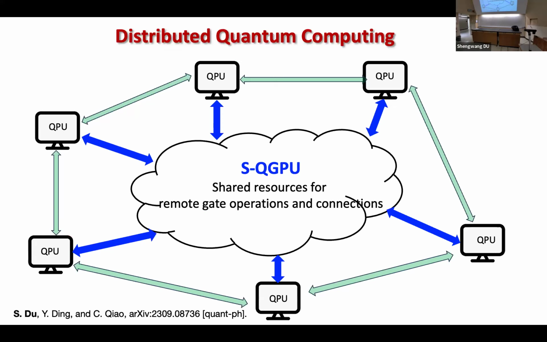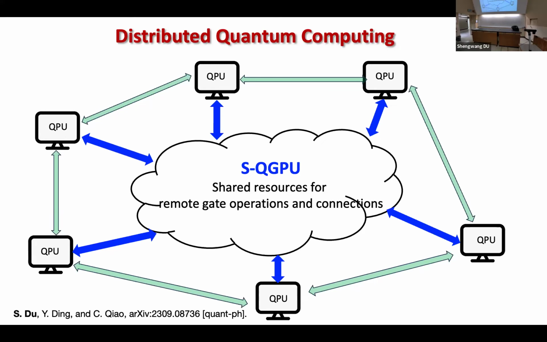So that is my dream. In the future, just as now we have computers connected on Zoom for an online meeting, suppose we have local quantum processing units, each with a small number of qubits, not very expensive. Everyone can have that.